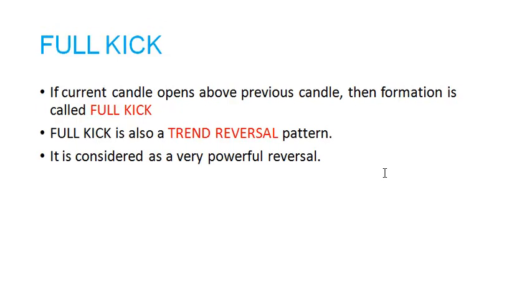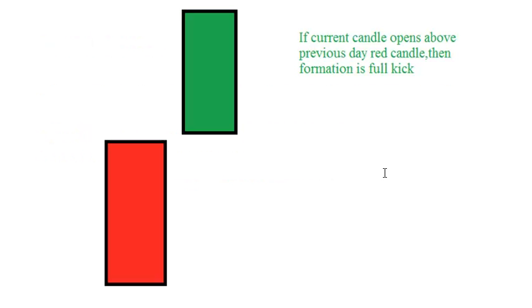Similar to the half kick, there is another candle formation which is called a full kick, and the full kick, according to me, is probably the most potent of any candle formation seen in the chart. And what does a full kick really look like? I'm going to show it to you. So this is what the full kick looks like. On the left hand side, the bears were in control, prices have been going down, going down.